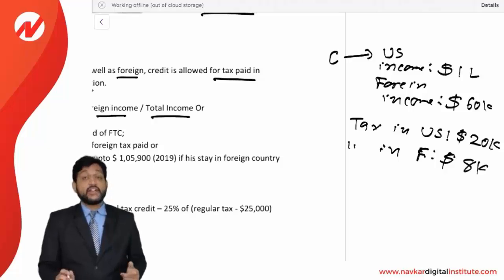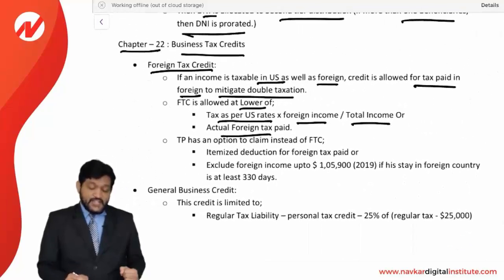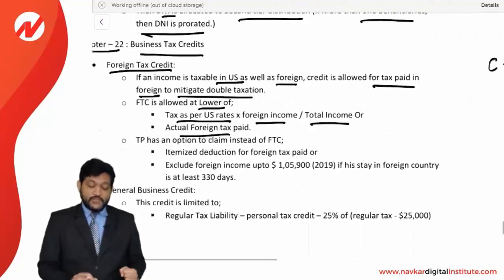Now, how to calculate the FTC? For the FTC calculation, you need to use this formula: tax as per US rates times foreign income divided by total income.